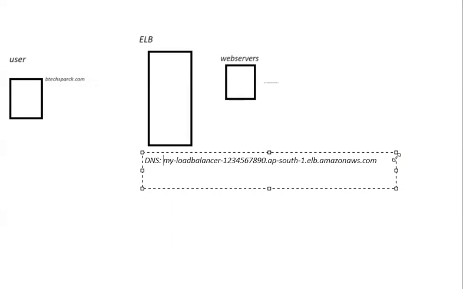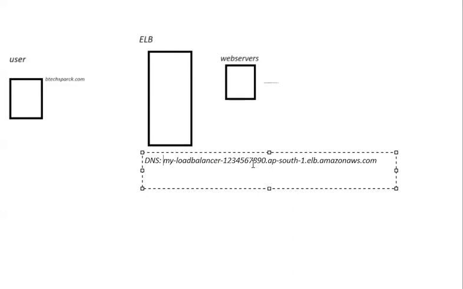Now my user reaches this ELB by using a URL. By using what URL are users reaching my BTech Spark website? That is btechspark.com, right? But what this ELB is providing me is the DNS, which will look like this.